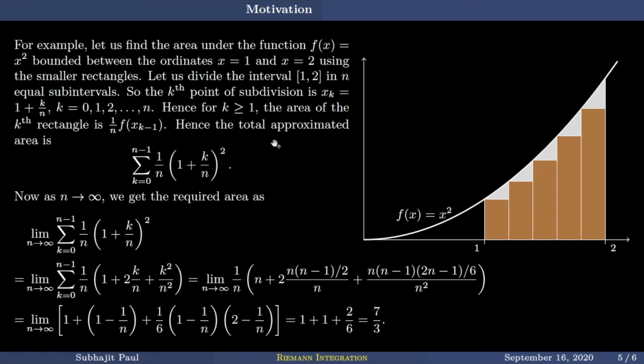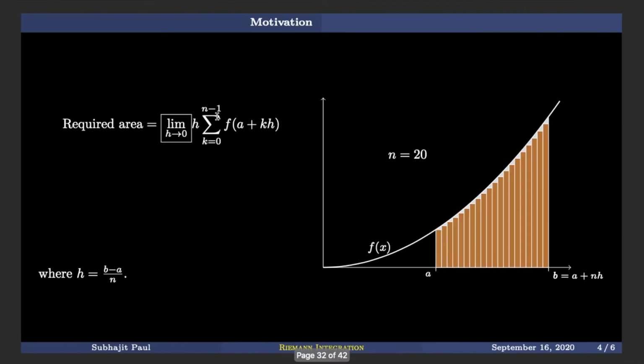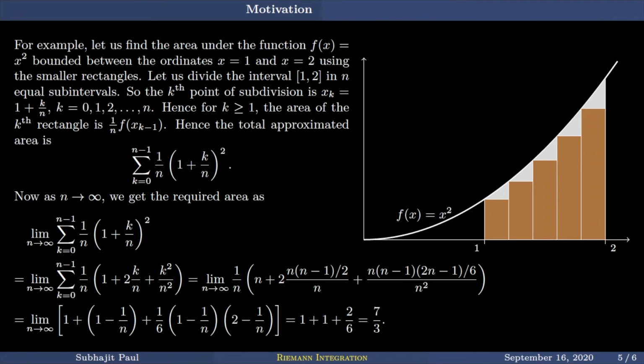Okay. Hence, the total approximated area is the sum where k runs from 0 to n minus 1, which is what we saw in this one, where we are approximating from the bottom. So k runs from 0 to n minus 1 of 1 by n times f of x_{k-1}. Here k is running from 0 to n minus 1; earlier k was running from 1 to n.